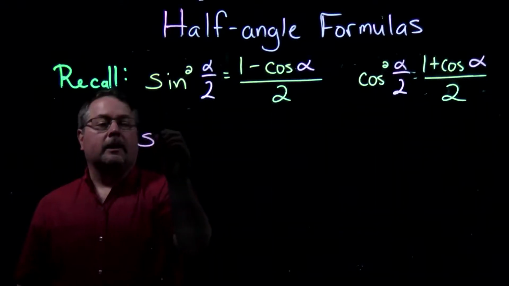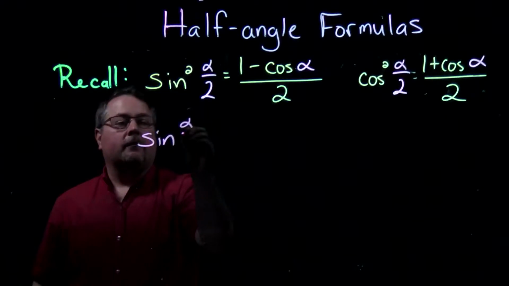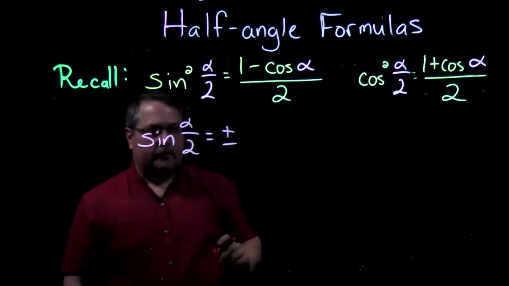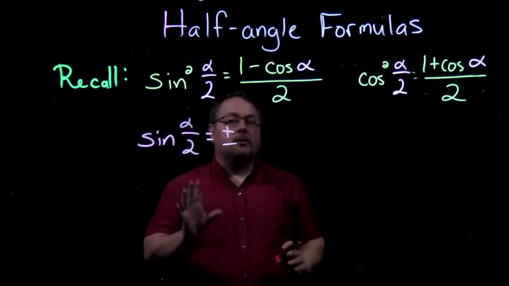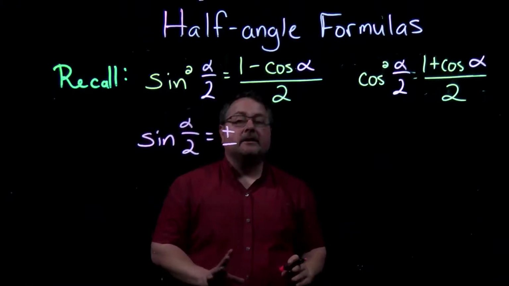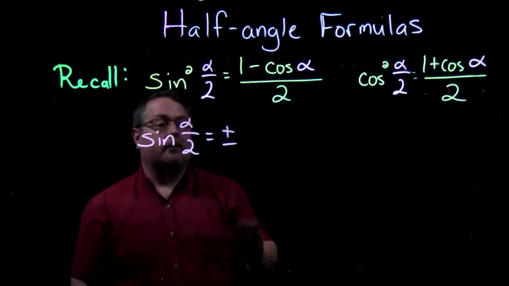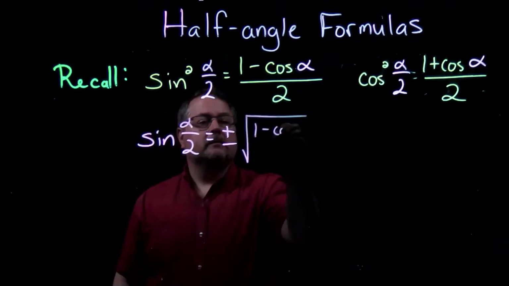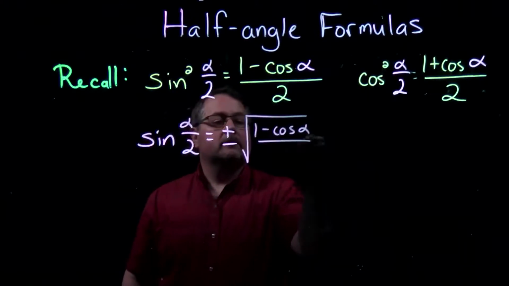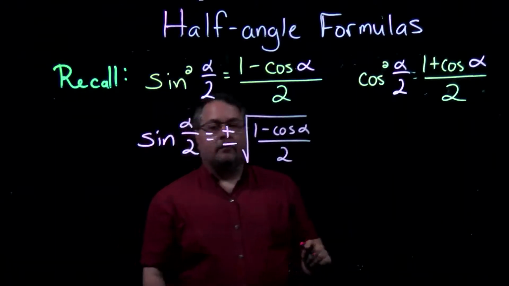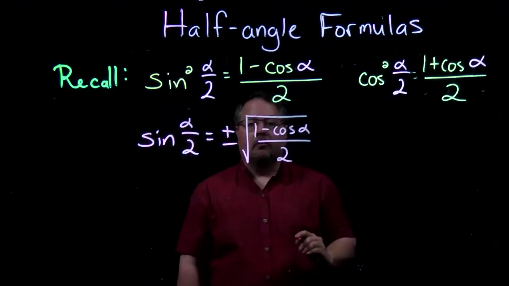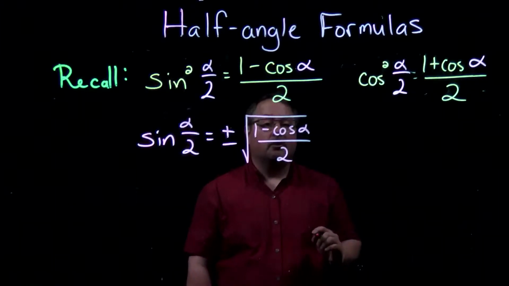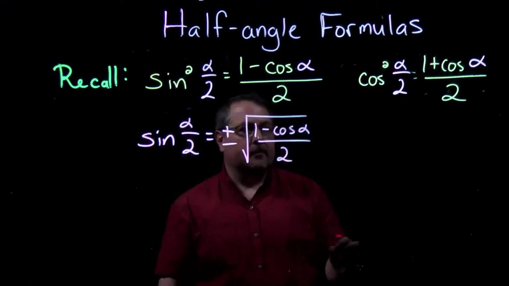We're going to get the formula sine of alpha over 2 equals, and since we're taking square roots, this is going to be plus or minus. We're essentially solving for sine of alpha over 2 by taking plus or minus the square root. We get the formula sine of alpha over 2 is equal to plus or minus the square root of 1 minus cosine alpha over 2.